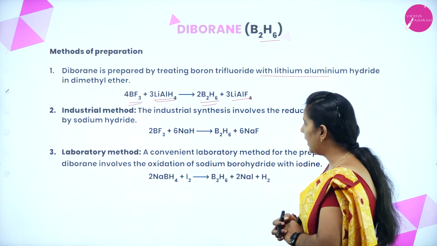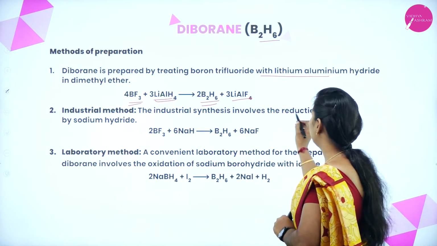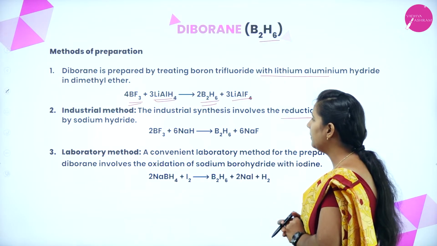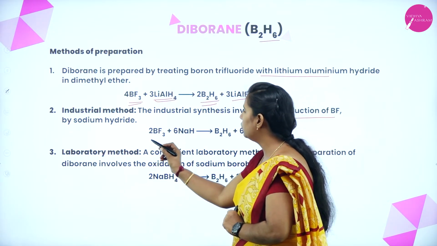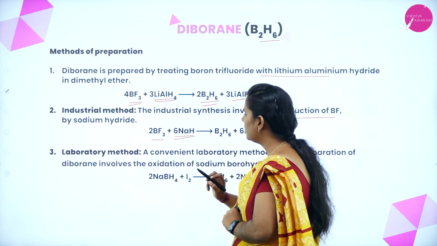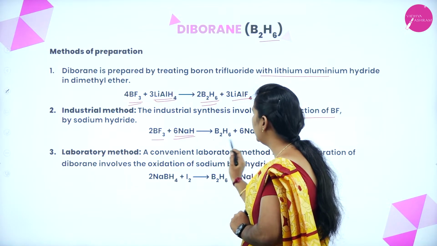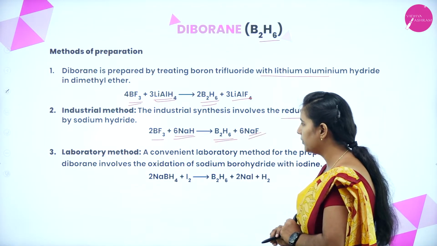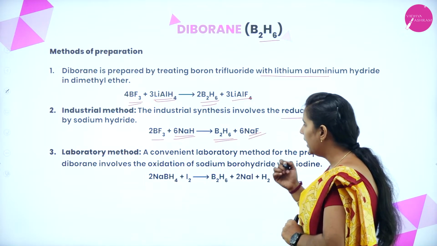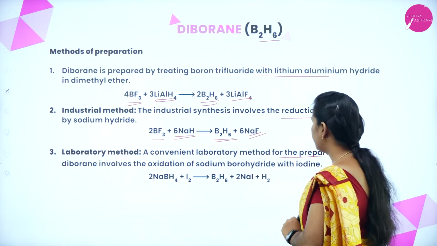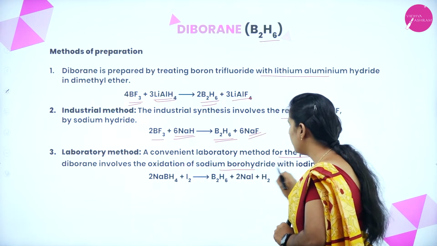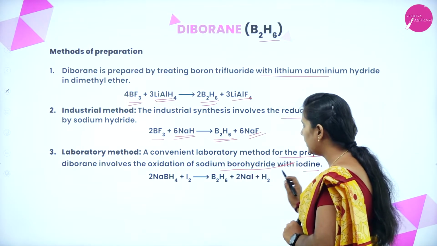Industrially, the synthesis involves the reduction of boron trifluoride by sodium hydride. So boron trifluoride, which undergoes reduction with sodium hydride, forms what? Diborane with the formation of sodium fluoride. In the laboratory, a convenient method for the preparation of diborane involves oxidation of sodium borohydride with iodine.